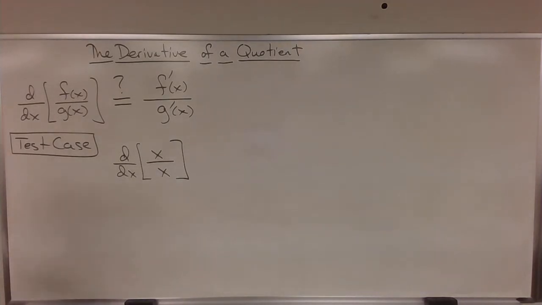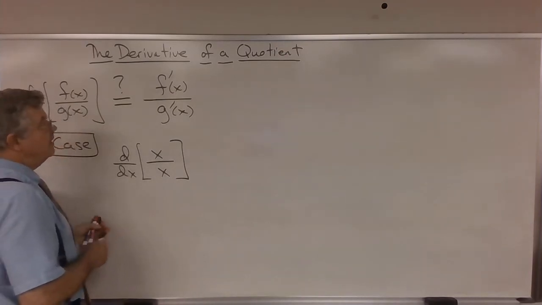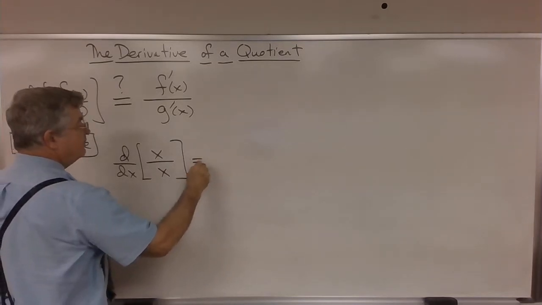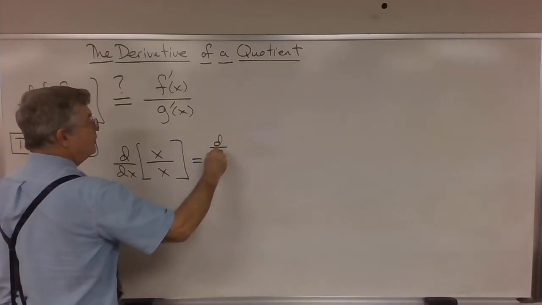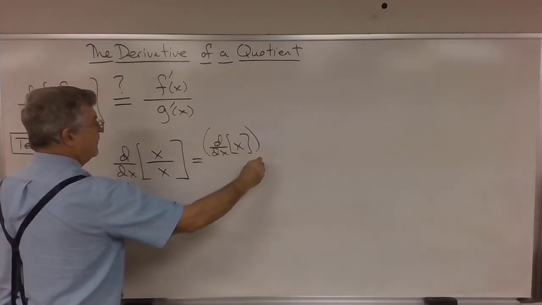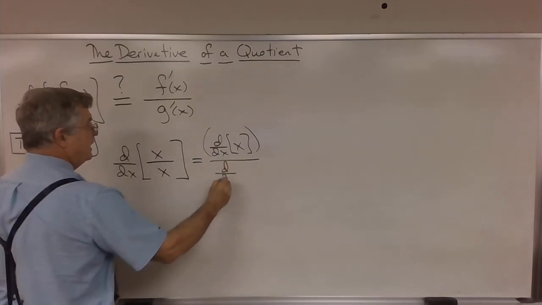So let's see. If our conjecture is true, then all we have to do is compute the derivative of the numerator and put it over the derivative of the denominator.